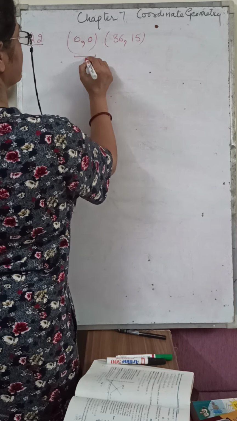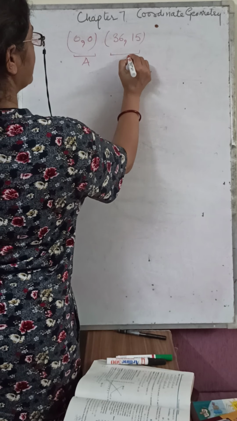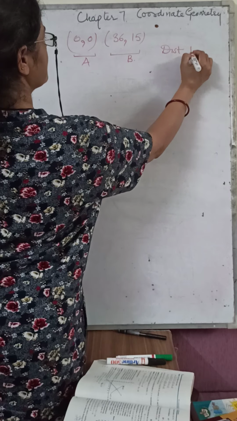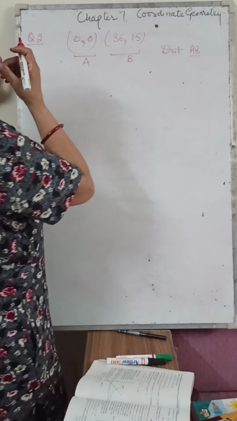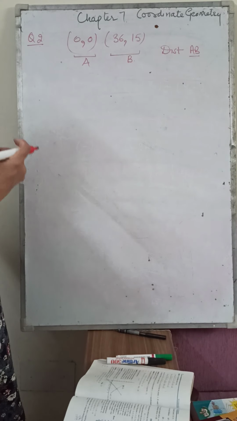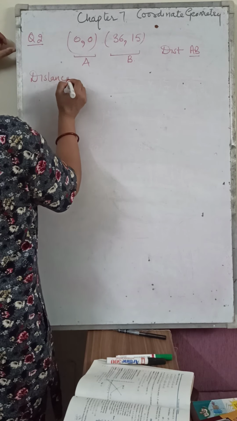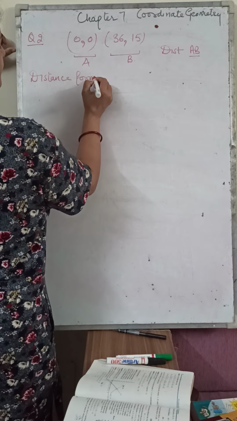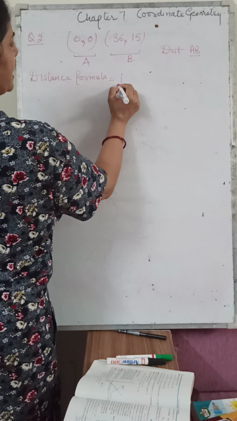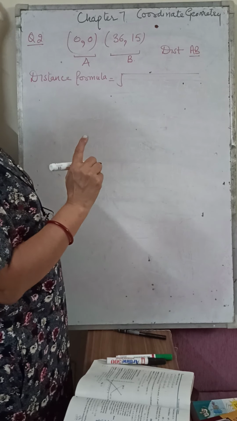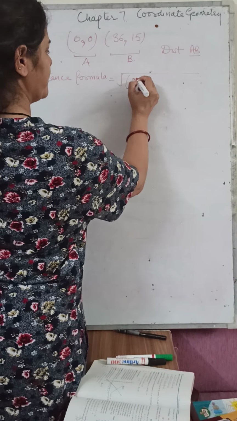You have to find that, suppose this is point A, this is point B. You have to find the distance AB. The same distance formula you will use. Distance formula, and what is that? Every time you will write the formula first, then you will solve the question.